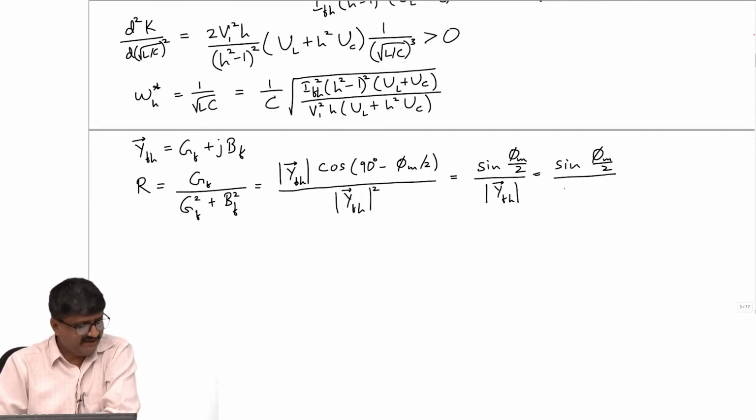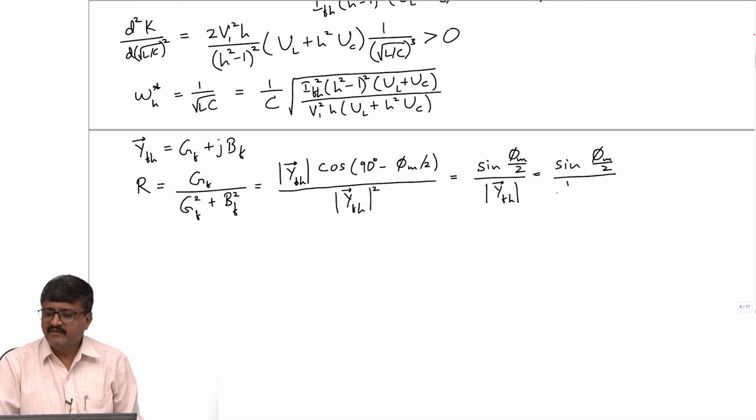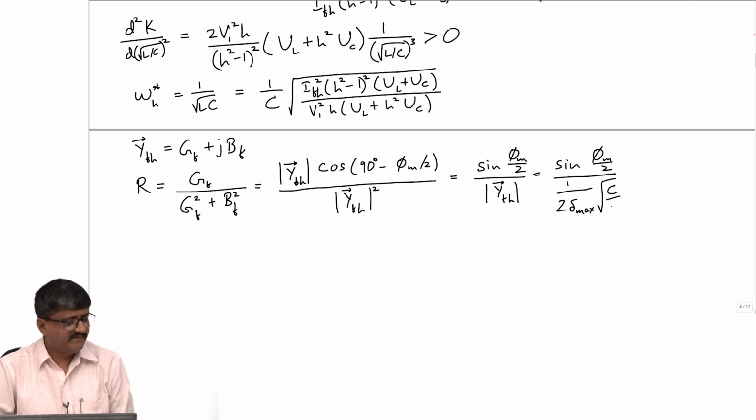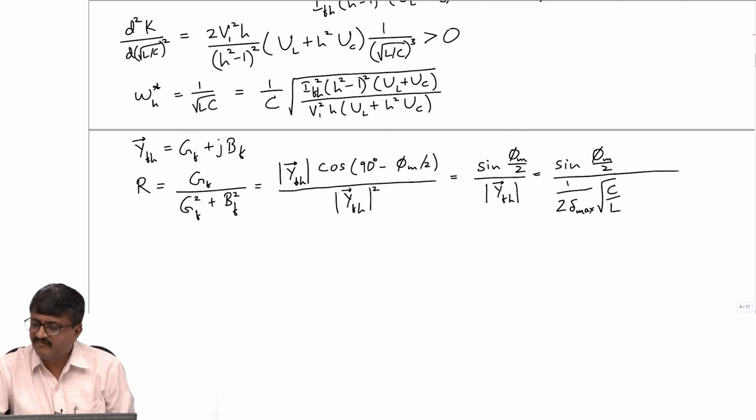So y of h is 1 by 2 delta max root c by L into cosine of phi m by 2.